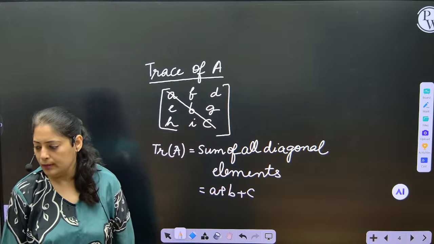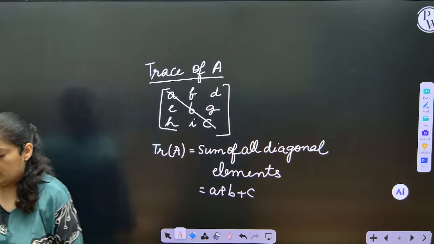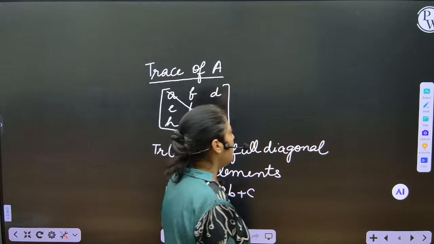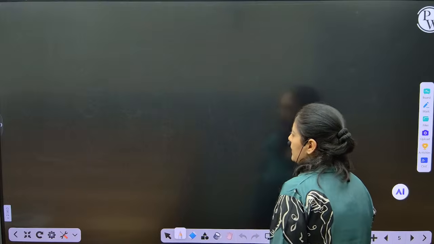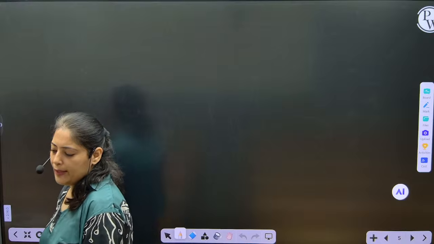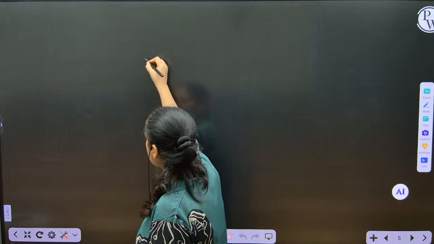Now I'll do another topic as well. This was the trace of a matrix. Now I'll do another topic, that is equality of matrices.